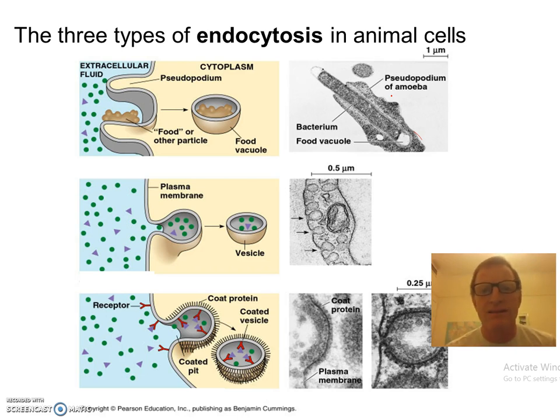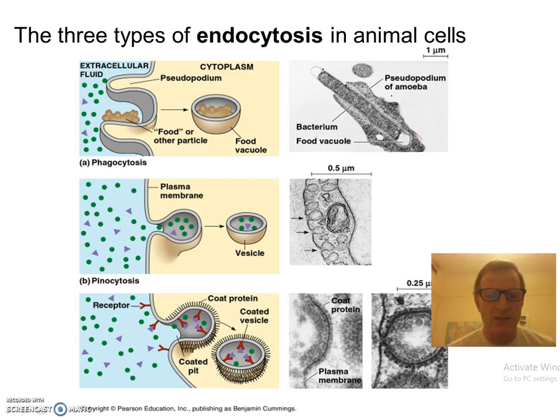Entering the cell, cytosis is just the cell entering the cell by wrapping the membrane around it. And if it's something solid like a bacteria or some food particles, we call that phagocytosis. Just remember, phag, it's the F sound like for food, okay? If we're taking dissolved particles, liquids into a cell, that's called pinocytosis. So taking in of liquids is pinocytosis.